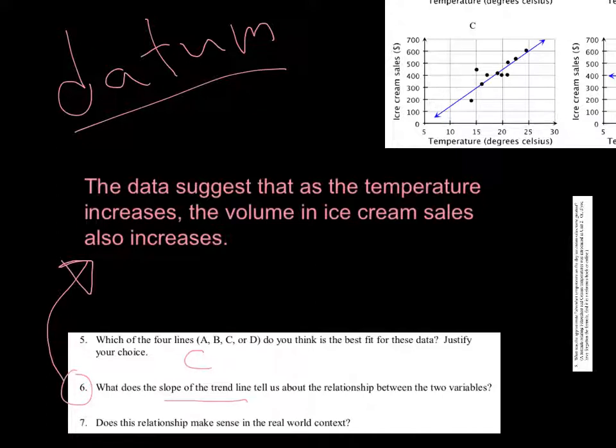The data suggests that as the temperature increases, the volume in ice cream sales also increases. As temperature goes up, so does the sales of ice cream. Seems like a basic statement to say, but that's all we want to do. We want to interpret that data. We want to give the person who's looking at the graph an interpretation of what they're looking at using context of the question, temperature, and ice cream sales.